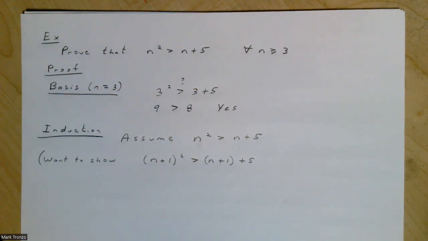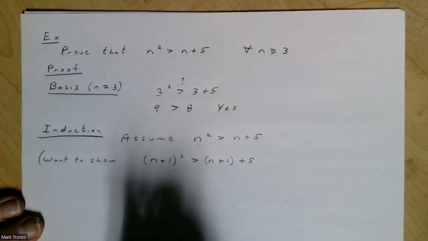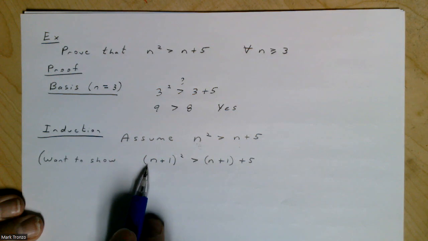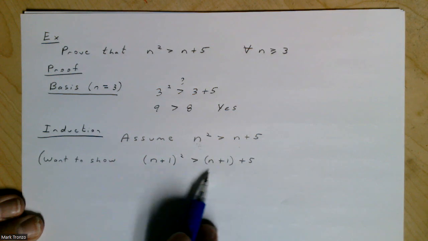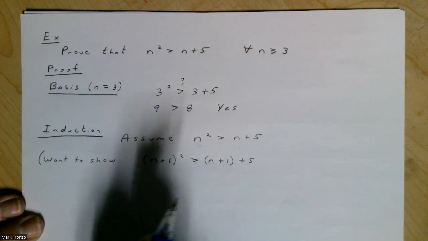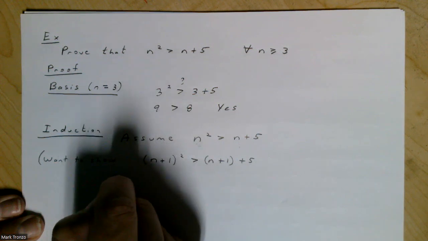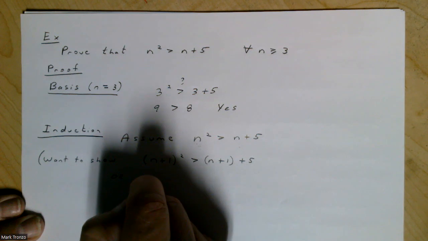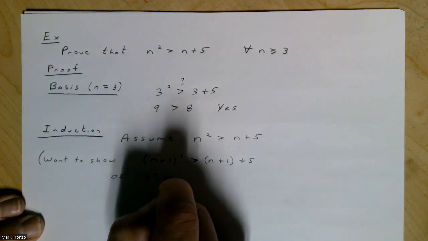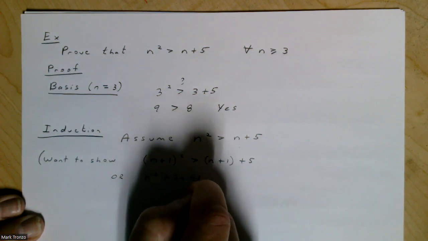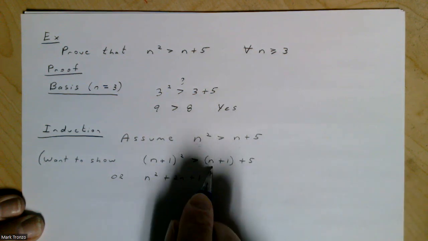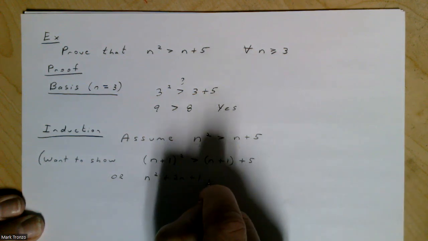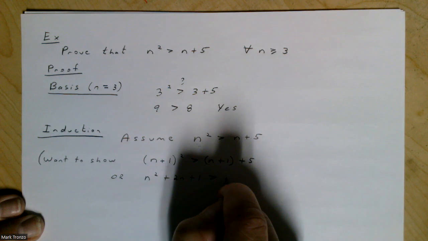And maybe just to see what we're headed for, what does this mean? We could even simplify this just a little bit. Let me just multiply this out. If we square this, this would be n squared plus 2n plus 1. And the right-hand side, we'll have 1 plus 5 is 6.